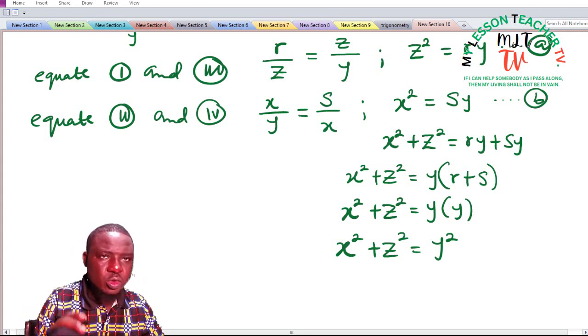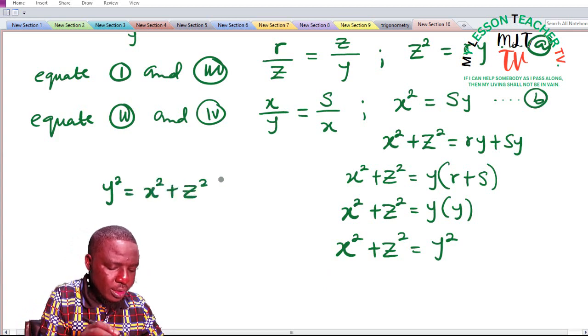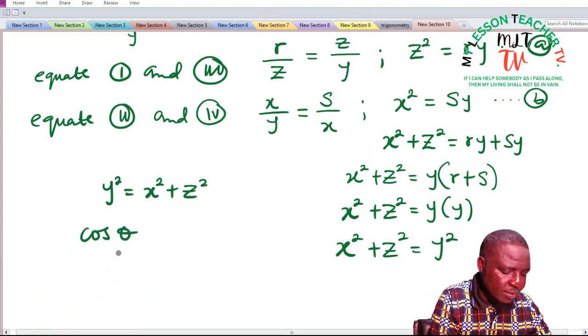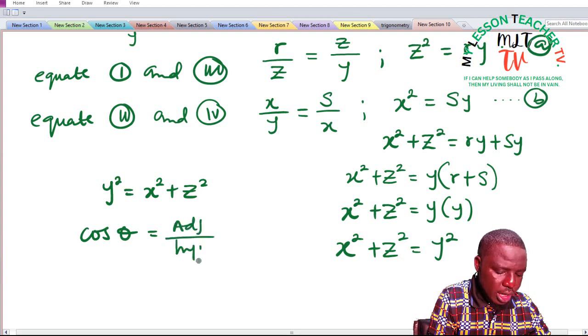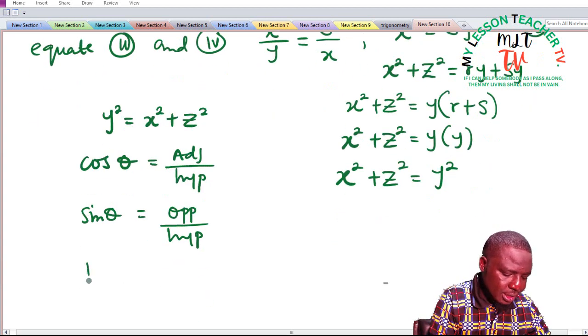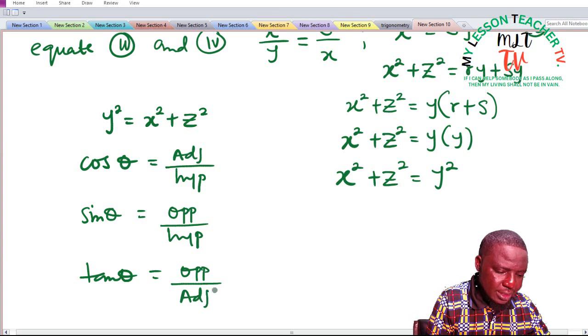Now, with these two theorems, that Y squared is equal to X squared plus Z squared, and the trigonometric ratios which I gave as cos theta, which is the ratio of the adjacent side to the hypotenuse side, sine theta, which is the ratio of the opposite side to the hypotenuse side, and tan theta, which is said to be the ratio of the opposite side to the adjacent side.